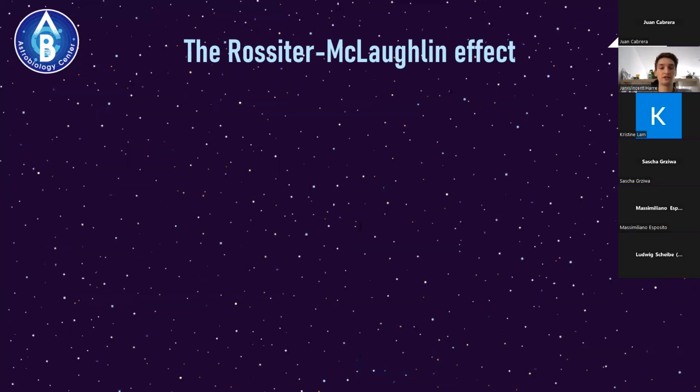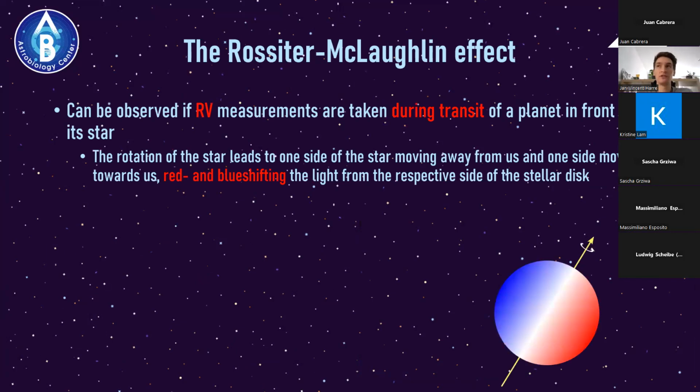So now there's also an effect called the Rossiter-McLaughlin effect, and that is basically a combination of radial velocity and transits. If we take radial velocity measurements during the transit of a planet, then we will get this special effect, which is caused by the stellar rotation, because one side of the star will be moving away from us and one side will be moving towards us.